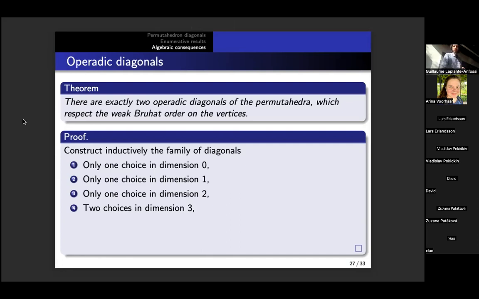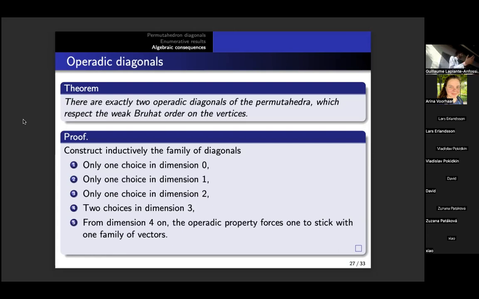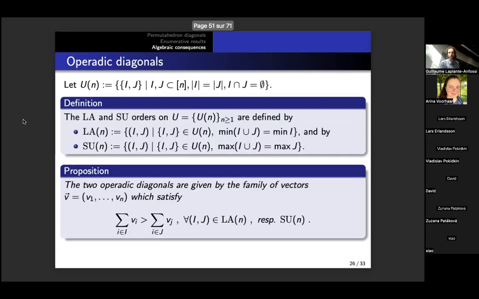And the surprising thing is that once you've done that, if you ask that the diagonals are operatic, this coherence, so basically what you're asking is that your choice of vector is stable under the theta map. So let's look, just to give an idea.